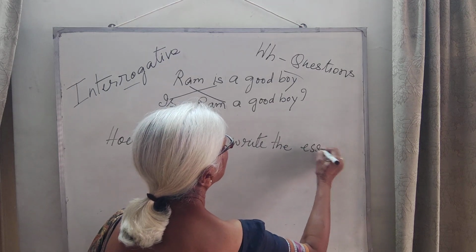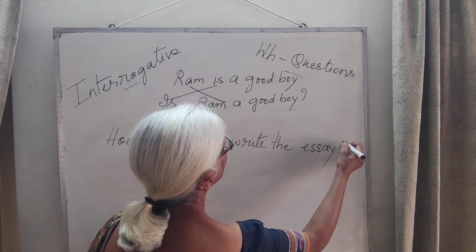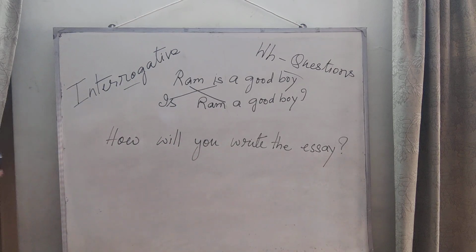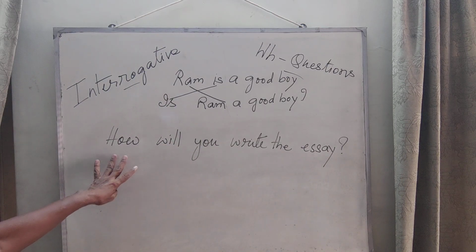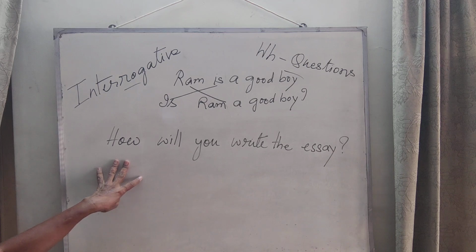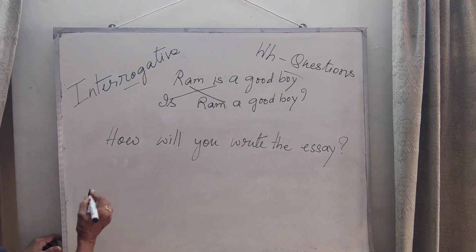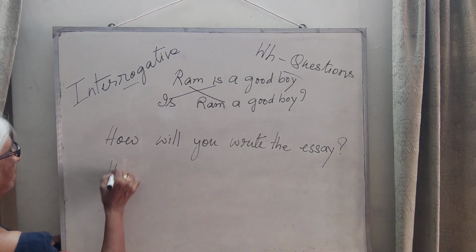Okay, ইংলিশ করছি যখন তখন আমরা এসেই করি, শুধু সামস আর অন্য জিনিস করবো কেন? How will you write the essay? দেখো এখানে how is the question word. So how will, it remains the same.